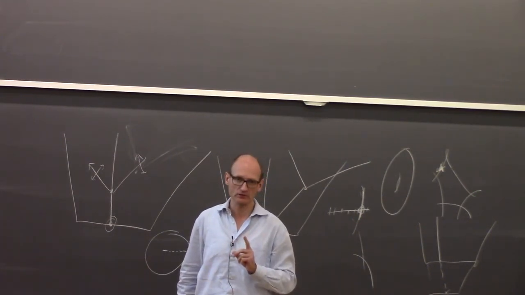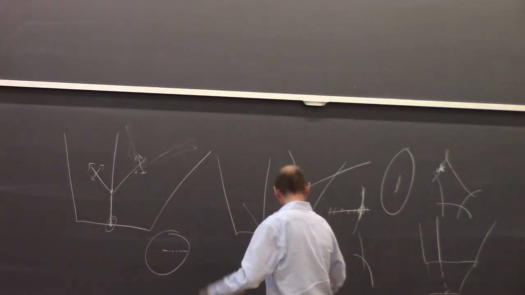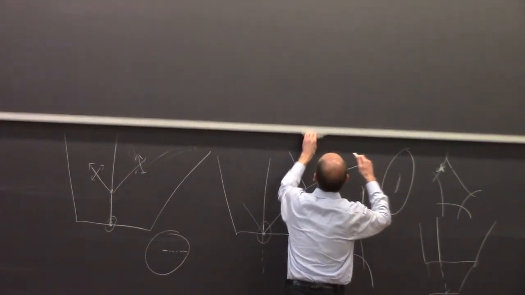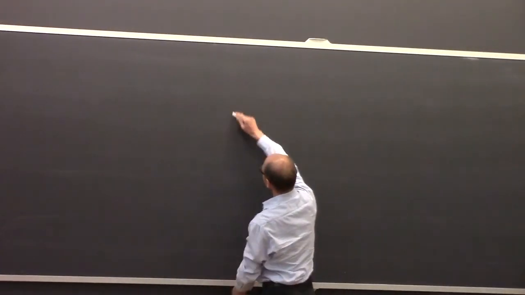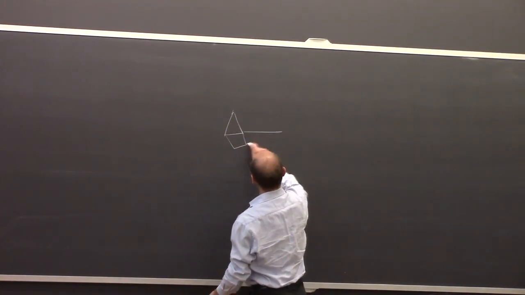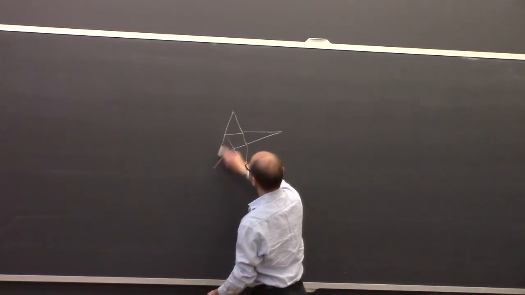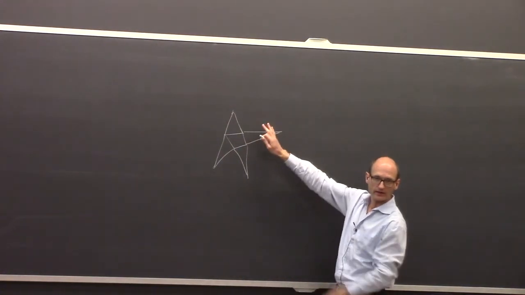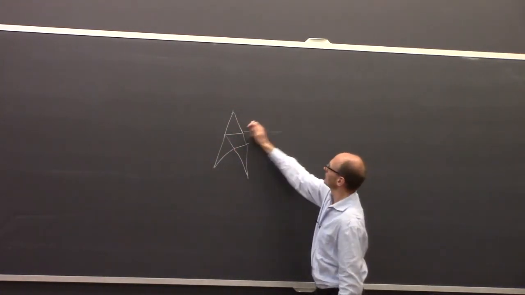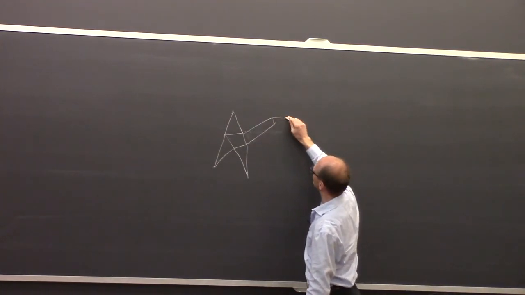I think what you're worrying about is that they could look like this, right? That's a picture you would draw in higher dimensions. It's made up of triangles and maybe also some bigger things here, something like this.